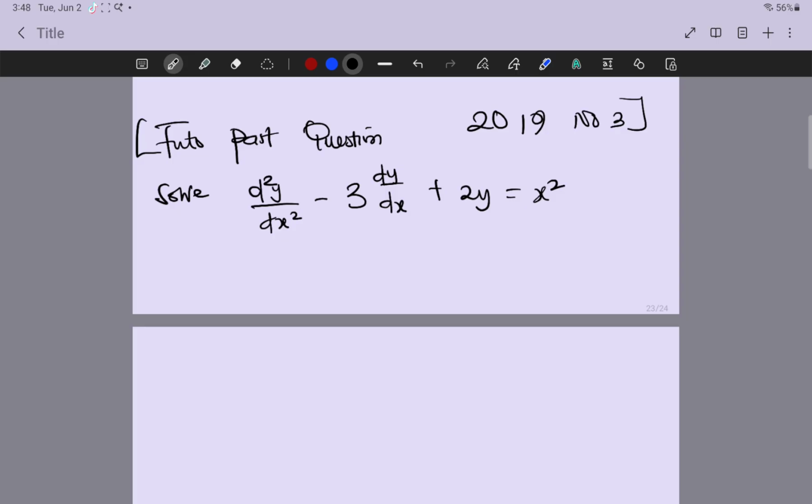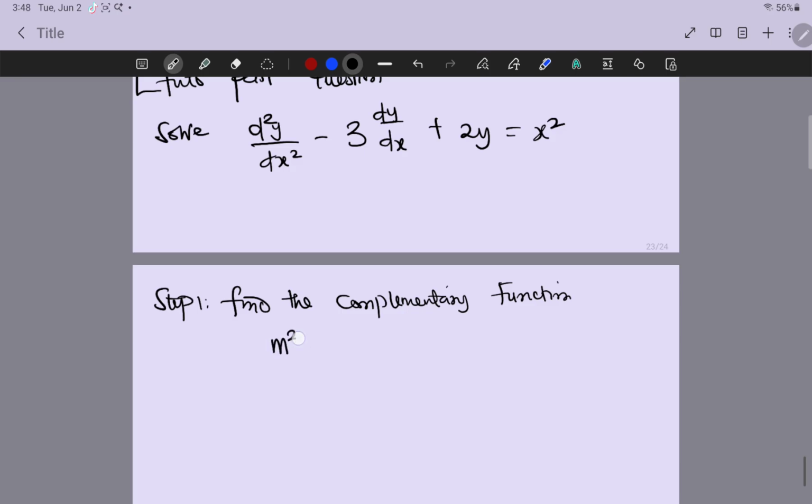Okay, so let's find step 1. Let's find the complementary function. This is like saying m squared minus 3m plus 2. Okay, so what's the quadratic of this? Two numbers that multiply to give you 2 and add to give you minus 3.